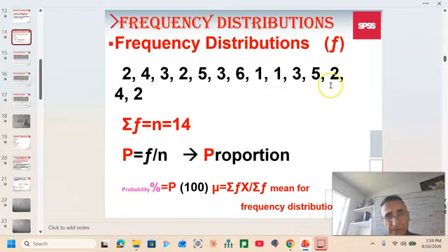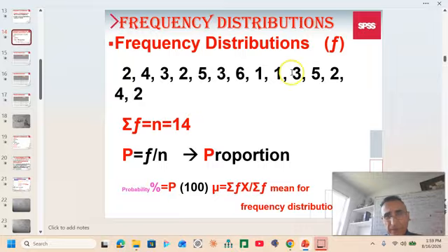Sum of the frequency, you need to have the frequency of each score, add them up, which is the same. I'll show you in a second.